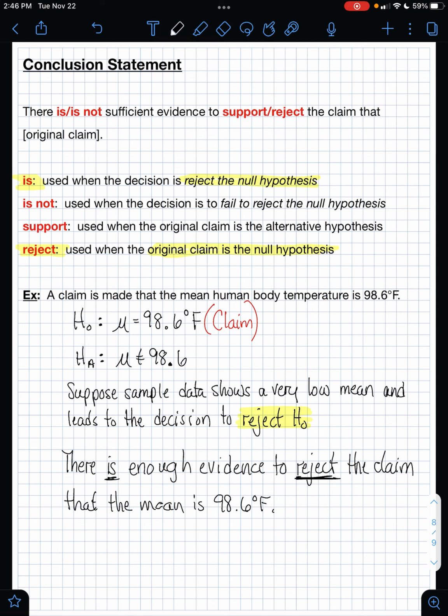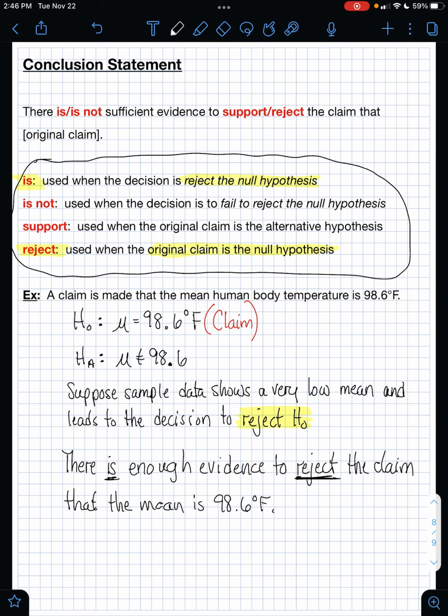When you actually have a situation like that, and you lay out what's going on with the claim and the two hypotheses and the decision, and you write the sentence, it clarifies this confusion up here. I understand that this is a particularly confusing bunch of phrasing, but when you actually have a situation and you lay out what you've got, that statement will become much more clear, and you'll be able to see how it aligns with the test that you did.